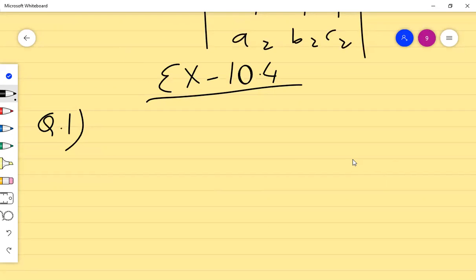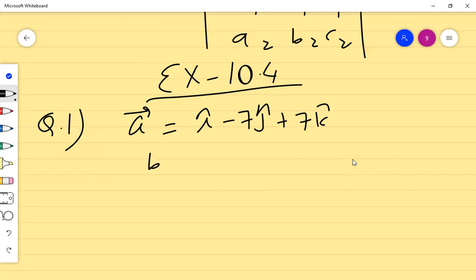Find A cross B, magnitude of A cross B. A vector equals I cap minus 7 J cap plus 7 K cap, and B vector is 3 I cap minus 2 J cap plus 2 K cap. And we have to find the magnitude of A cross B.